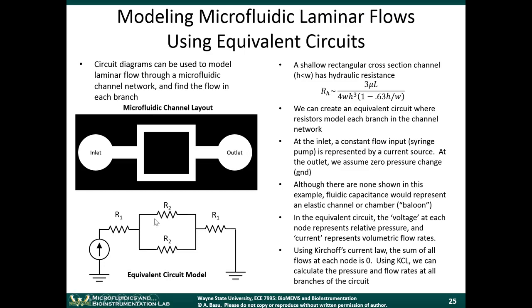So we can write an equation that says the current this way plus the current this way plus the current this way, the currents at any one of the nodes, have to sum up to 0. By doing that we have a set of formulas at each one of these nodes. We have a set of equations and a set of unknowns. We can solve for the voltages, or the pressures, at each one of these nodes.